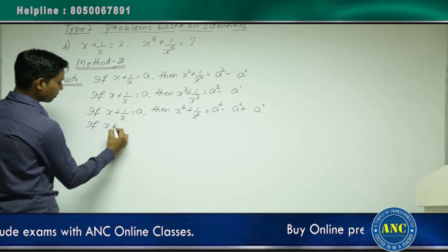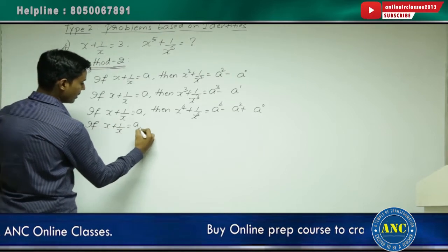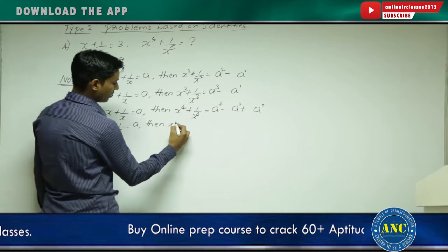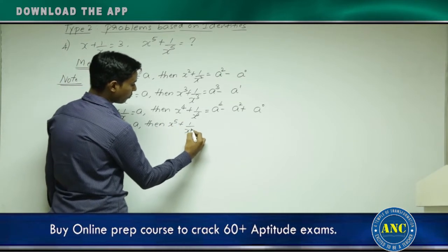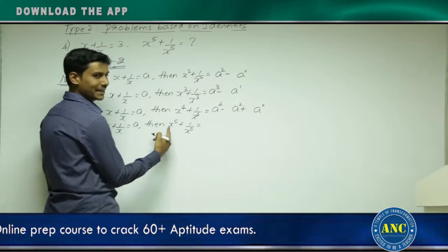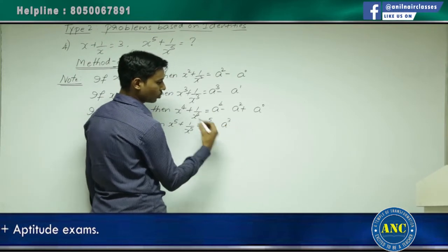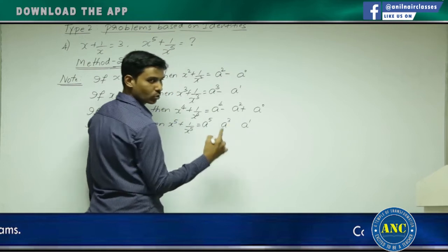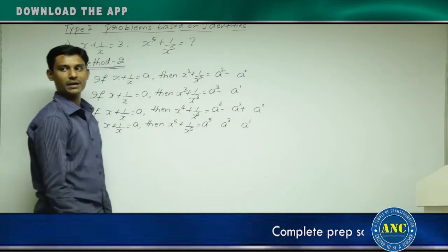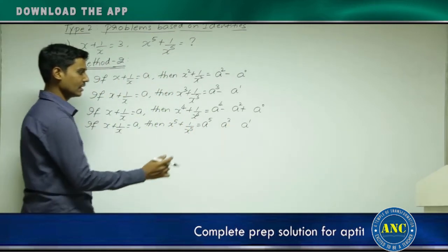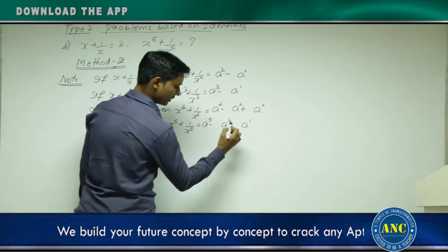Similarly, x power 5 plus 1 by x power 5 starts from a power 5, then reduce the power by 2, and by 2 again. If I reduce again, it becomes a negative power, so ignore that. Alternatively plus minus plus.